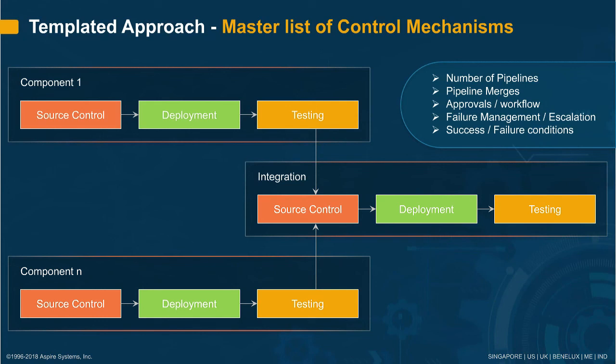Similarly, in this case, it is just 2 components, but you could have a whole maze of components. Every component may require its own pipeline. Some components may not even need a pipeline. Some components can just start working as is. Say, for example, if it's a very simple UI project and most of your other offering is just a service, it may not need a pipeline of its own.